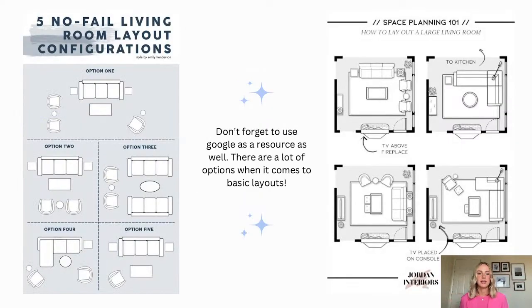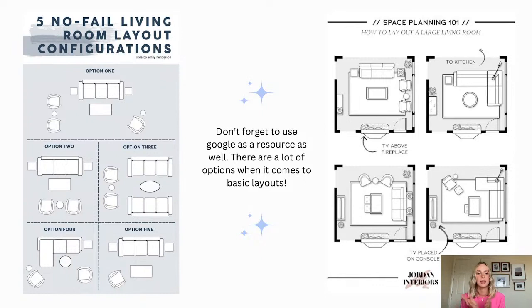Another tip I have for you when figuring out your layout of your space is don't forget to use Google as a resource. I Googled living room layout examples, and there's really great resources. I just pulled a couple from the internet here. This is especially beneficial if you have a pretty standard or straightforward living room that has the fireplace, that has maybe an open concept behind or whatever it is.